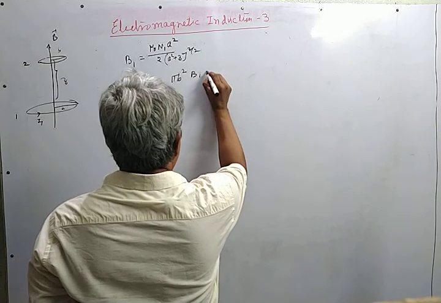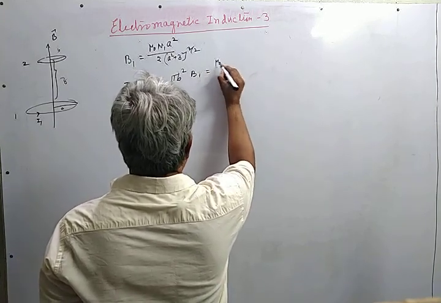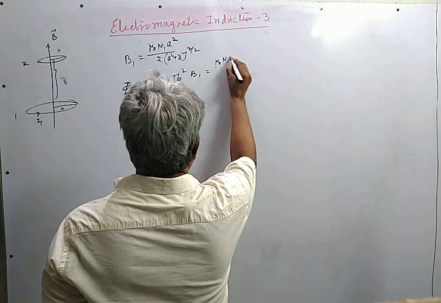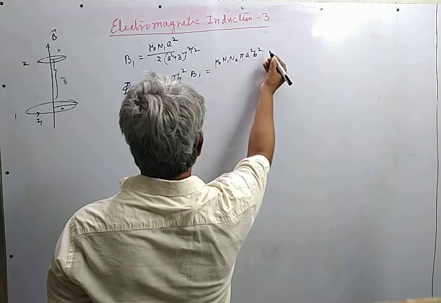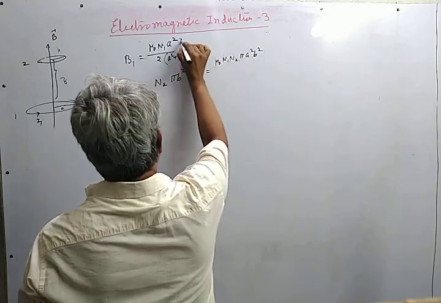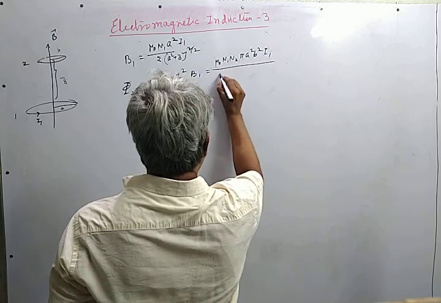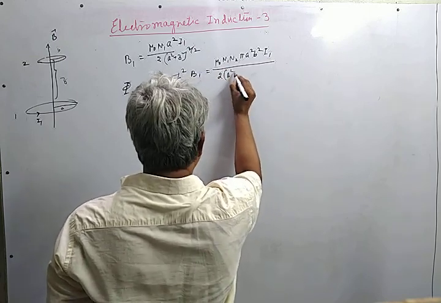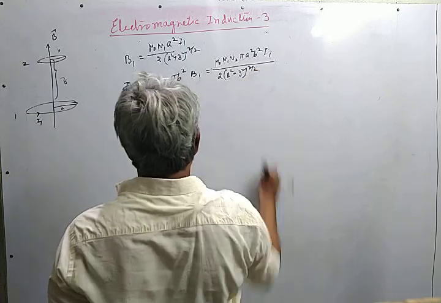If we write everything, mu 0 N1 N2 pi A square B square I1 by 2 (A square plus Z square) to the power 3 by 2.